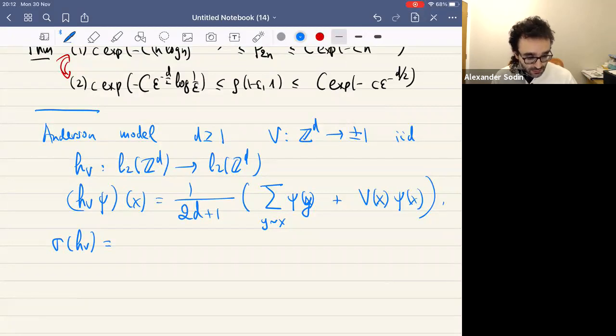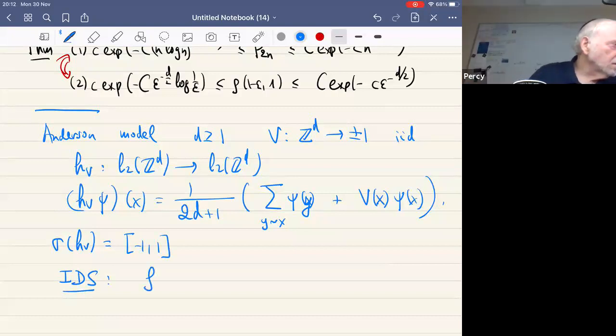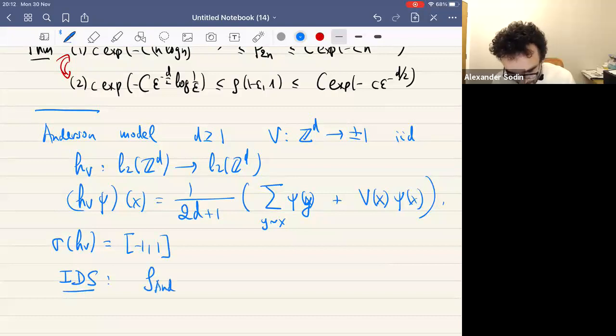So it's not hard to prove that the spectrum of this operator is a deterministic set, in this case -1, 1. And now we want to know where in the interval -1, 1 there is more spectrum and where there is less. So the way to measure it involves a measure which is called the integrated density of states. It's defined as follows. It's a measure rho, with a subscript to distinguish it from the previous one.